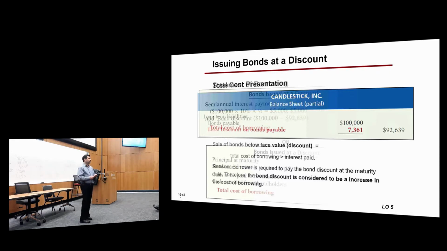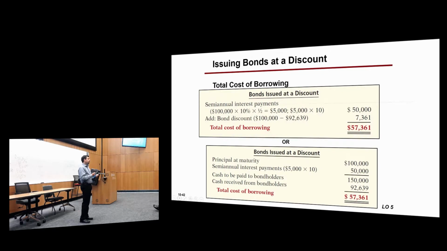How do you calculate the cost of borrowing? The first method is where you have the semi-annual payments. You're calculating interest, and you add to that the discount.